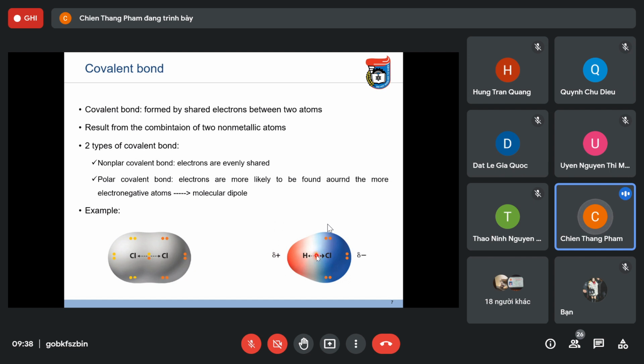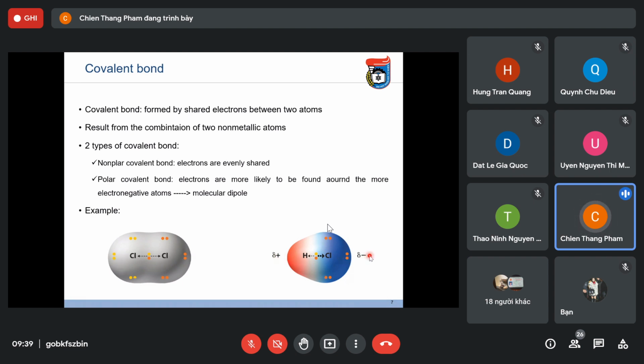Because the pair is not equally shared between the two atoms, when it moves towards the chlorine atom, the chlorine end has a partial negative charge, and the hydrogen end has a partial positive charge.